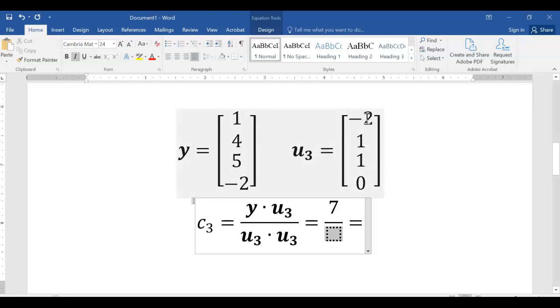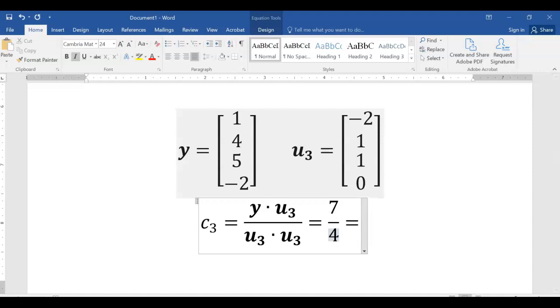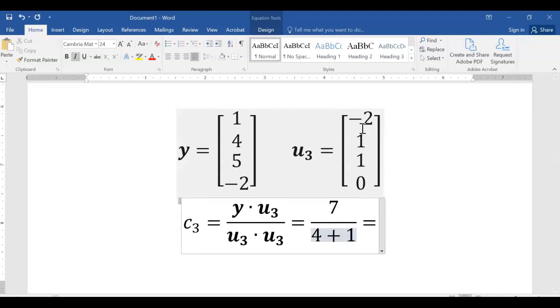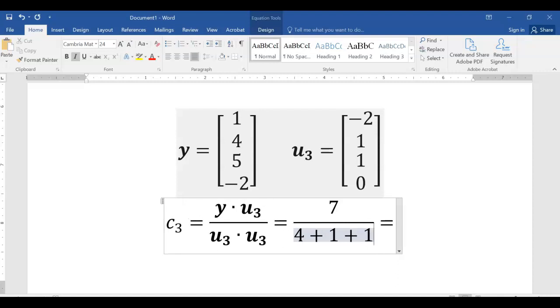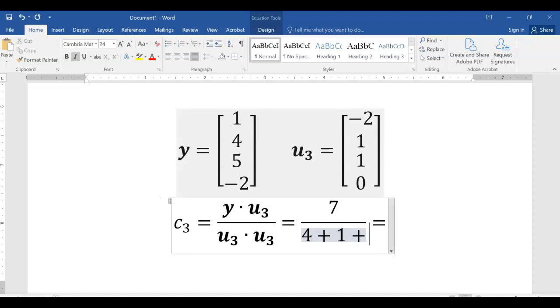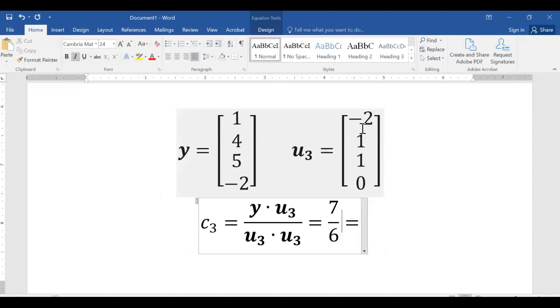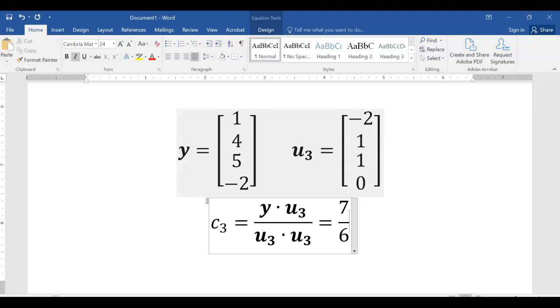I get -2 times -2 is 4, plus 1 times 1 is 1, plus 1 times 1 is 1, plus 0 times 0 is 0. So I got 7/6. No good way to simplify that. So my coefficient on u3 is 7/6.